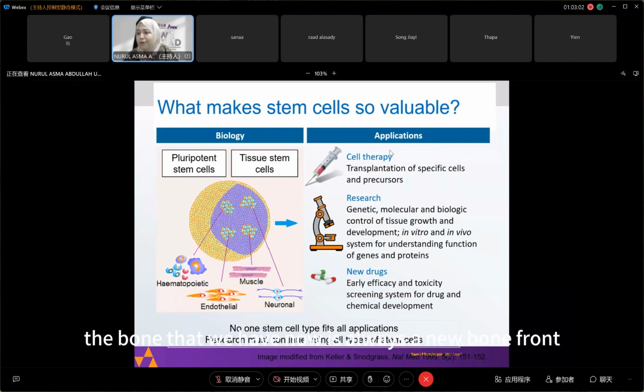The bone that we have now is always a new bone, because the bone cells are always renewing the tissue to produce new bone tissue. We cannot see that, but that's the natural process that occurs in our body. So if you have an injury to bone, it is much easier to regenerate or repair compared to other sites of our body, for example the cartilage.